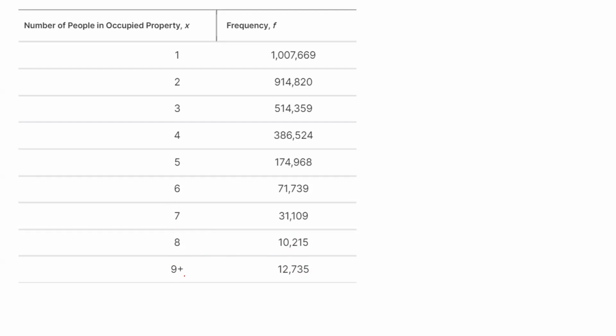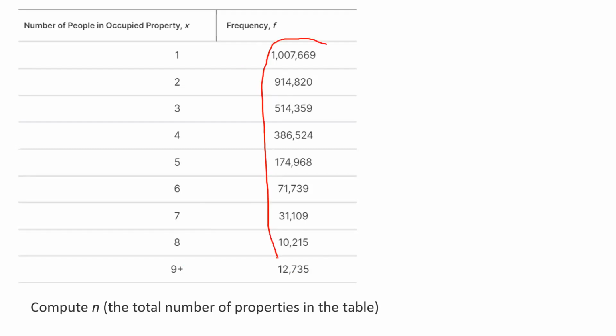So this is the data that you have. The question says, compute n, which is the total number of properties in the table. What's the meaning of that? It means that if I add all of these numbers together, the sum is the total number of properties they asked and surveyed.